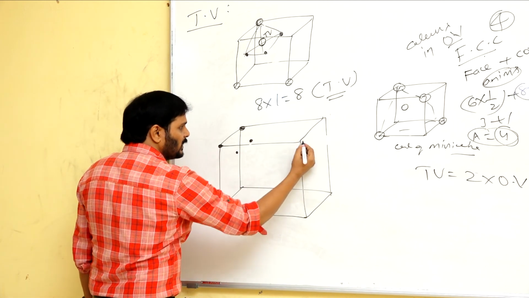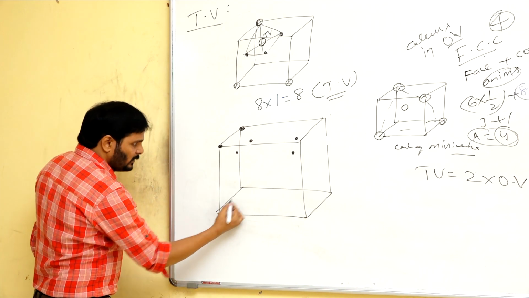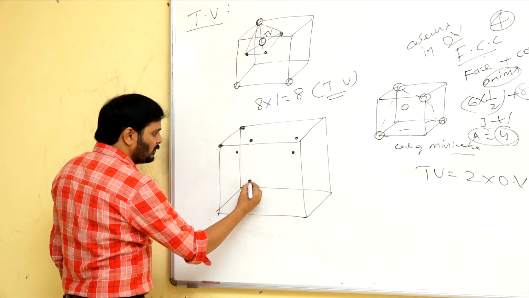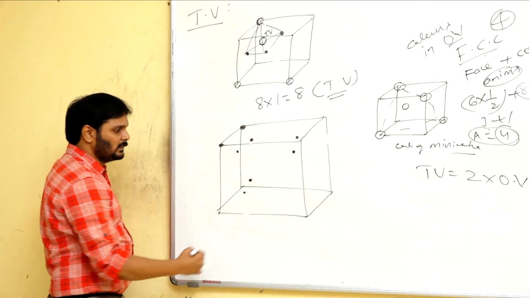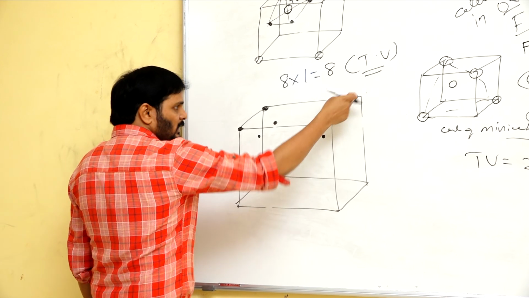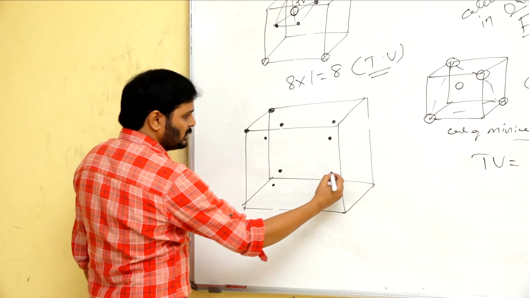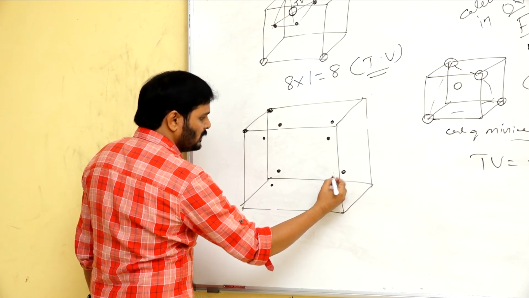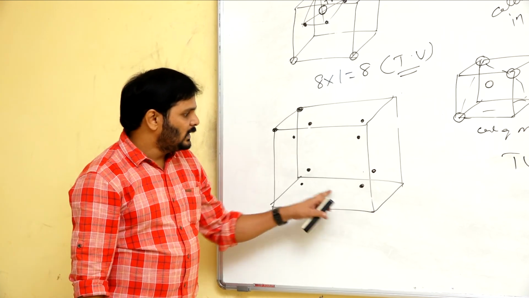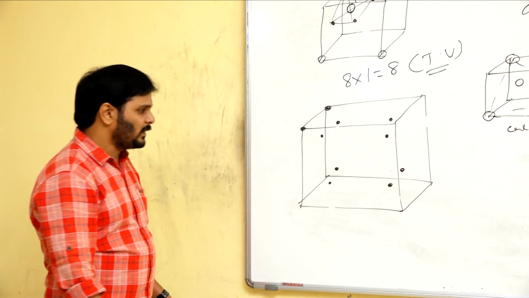Again, for these 2 corners, 1 tetrahedral void each. So these are the positions of tetrahedral voids in the FCC structure.